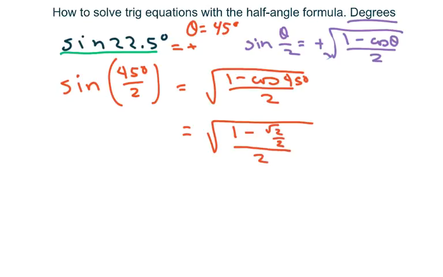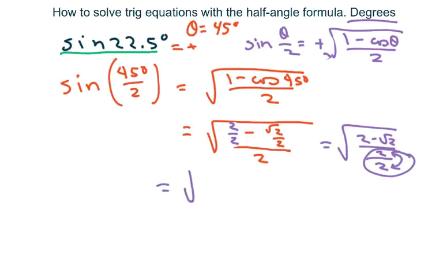Now what I tend to do is I go ahead at this stage and change this 1 to 2 over 2. So basically we have 2 minus square root of 2 over 2 divided by 2. Then you just multiply those two, that's going to be 4. And what we get is square root of 2 minus square root of 2 over 4.